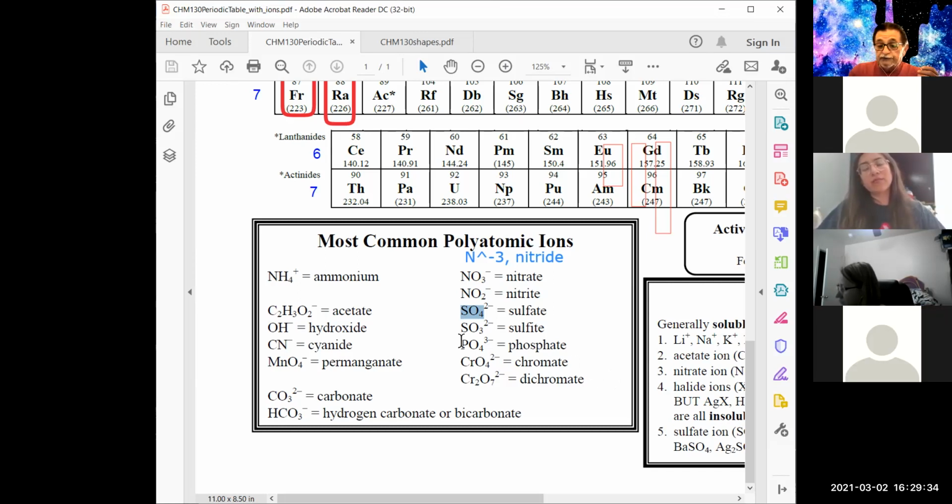Even phosphorus. In this case, if you got phosphorus all by itself, it's phosphide. But immediately following phosphorus, you see an oxygen. Specifically, you're going to see 4 of them. Then that is a polyatomic ion, and it's called phosphate. Okay. So the naming is important because why?